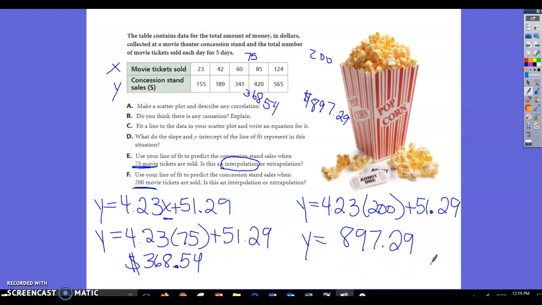Because 200 is outside the domain here, this is considered extrapolation. So that's how you would use your calculator to find an equation, to see the correlation of a problem, and to figure out how to make predictions from that equation. All right, that is all for lesson 6.1. If you have any questions, please let me know.